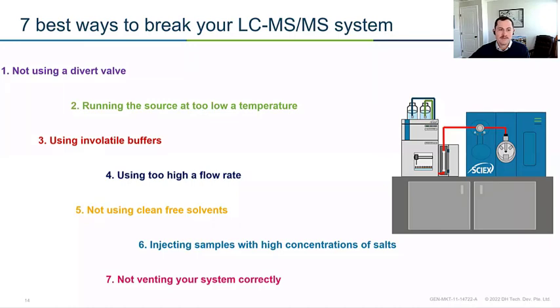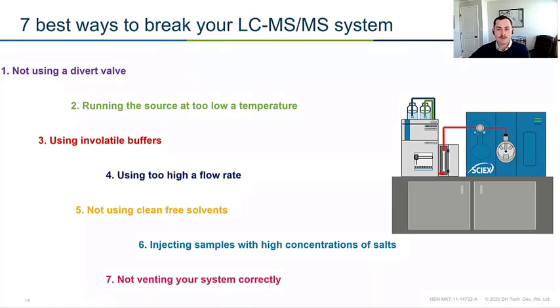Not using a divert valve, we talked about that, but another really effective one would be using improper buffers or injecting samples with a lot of salts. A long time ago, I was working in a lab at a university, and at that university, we had a bunch of HPLCs and just one LCMS in the corner.